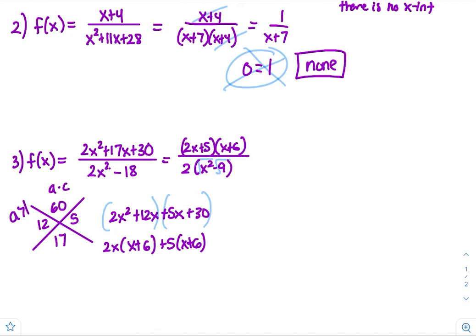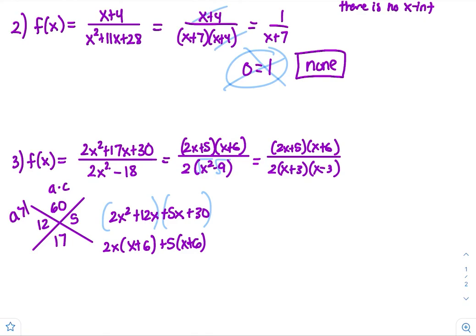As you notice, there are many ways you can go about factoring, right? We've been practicing factoring throughout this whole semester. So the square root of x squared is x and x, the square root of 9 is 3 and 3, plus and minus. So nothing cancels.